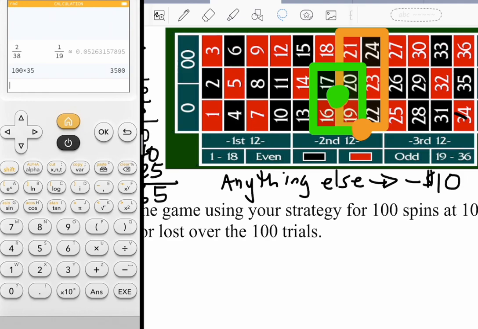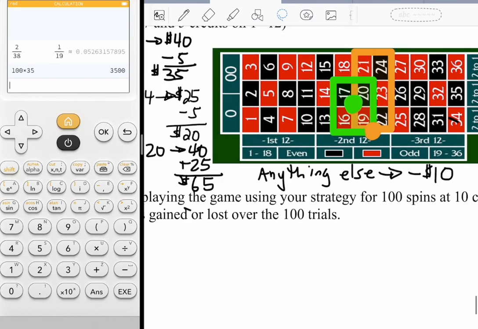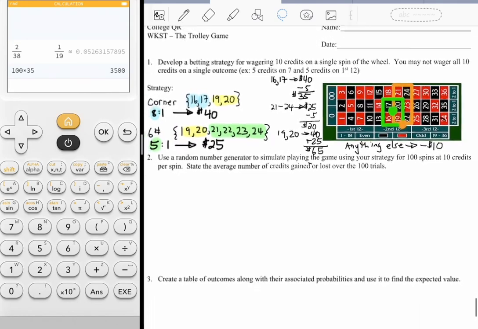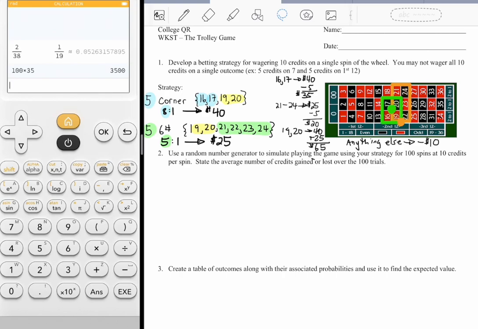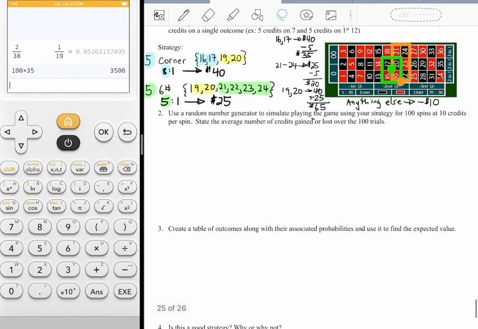All right. So these are our payouts, and indirectly we also figured out the probabilities that go along with each of those. When I said if you get 16 or 17, that's 2 outcomes. If I get 21 to 24, that's 4 outcomes out of 38. So I have my probabilities. I'm going to skip down to number 3.